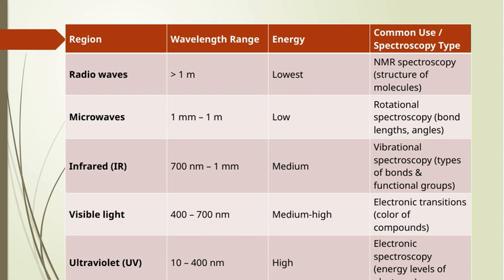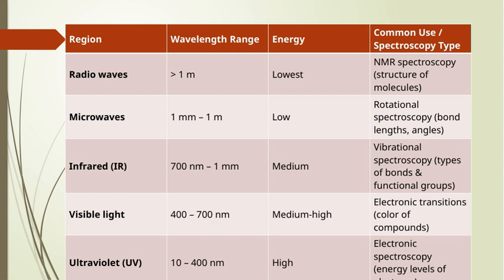This range has higher energy and is responsible for the electronic transitions that give compounds their color. Finally, ultraviolet, or UV light, covers wavelengths from about 10 to 400 nanometers. UV radiation has high energy and is used in electronic spectroscopy to explore the energy levels of electrons within molecules.